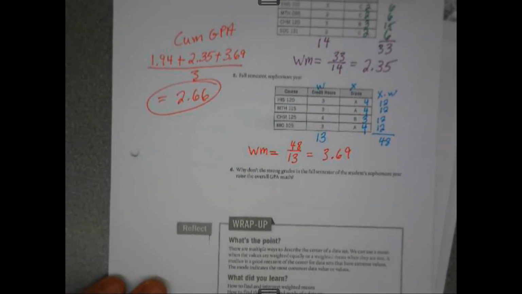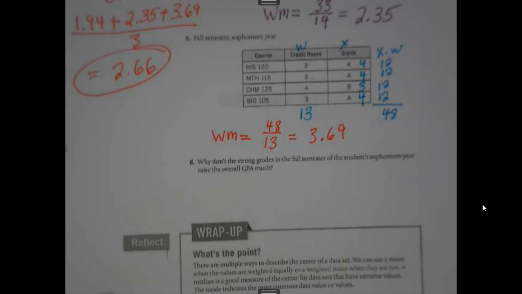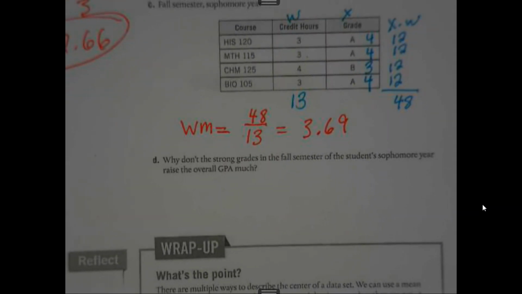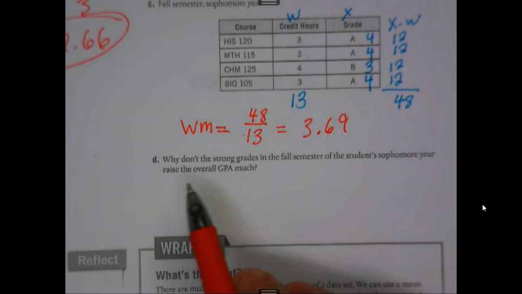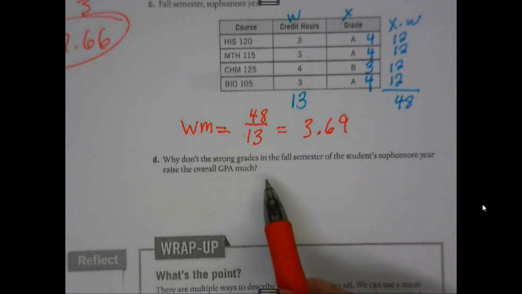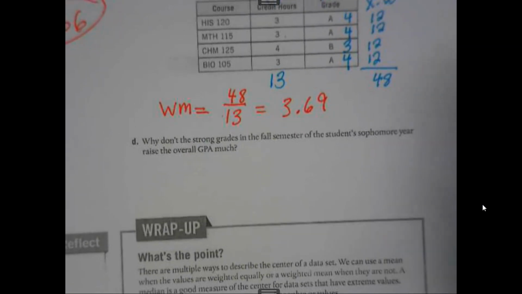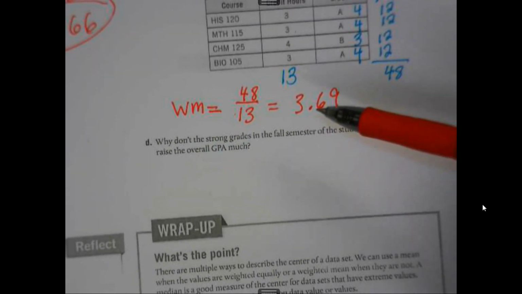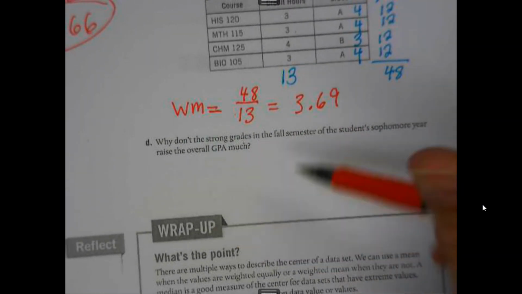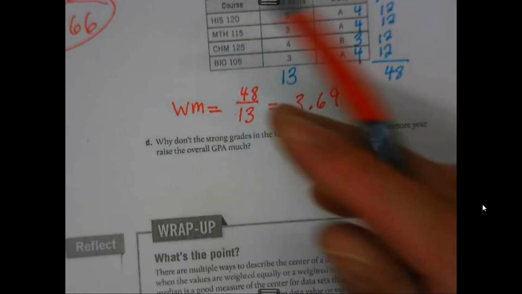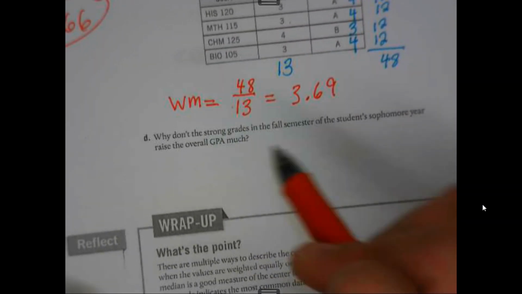And the last question: why don't the strong grades in the fall semester of the student's sophomore year raise the overall GPA much? Because it had to overcome 2 GPAs, not just one low one.